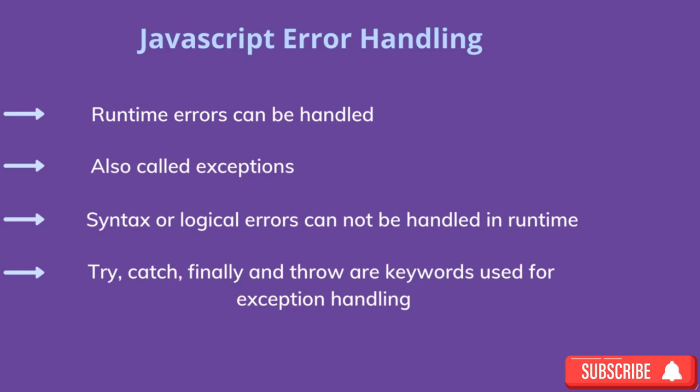But if it doesn't raise any exception, the catch will not function. If I want to manually raise an exception, I can use the throw keyword. Similarly, I have a finally keyword which will run its statements even though the exceptions are not handled. So rather than discussing here, now we can go to the system and start implementing the exception handling.